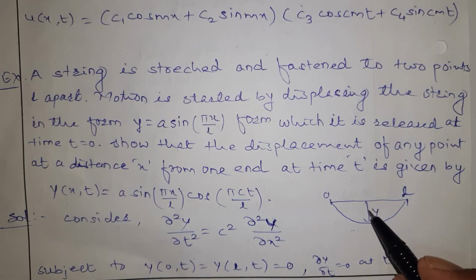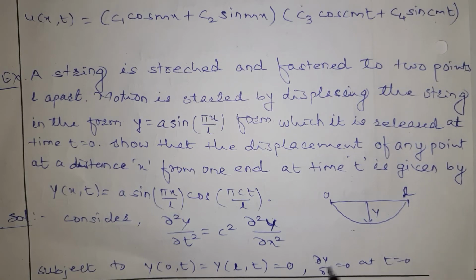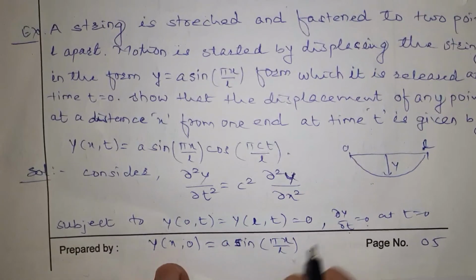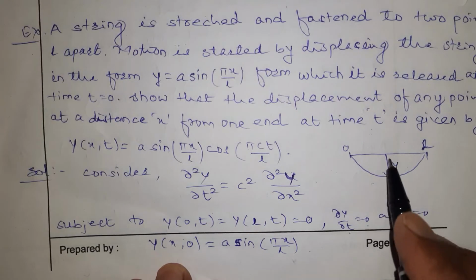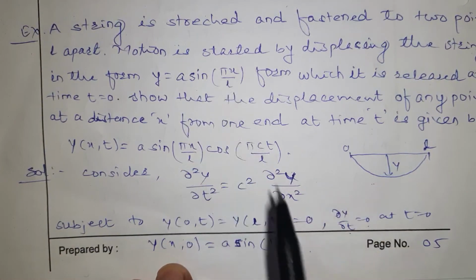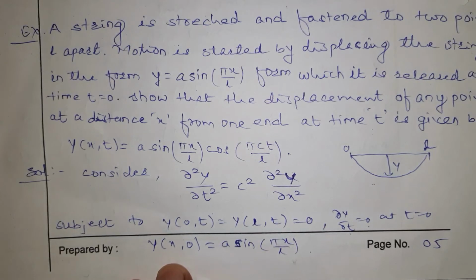Here initially the displacement is there but no velocity. So dou y by dou t equal to 0 at t equal to 0, and at t equal to 0, the displacement is given, y is equal to a sin pi x upon L. So these are the given things. Now write down the general solution and use them one by one.